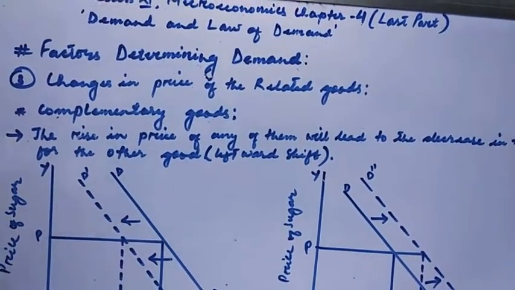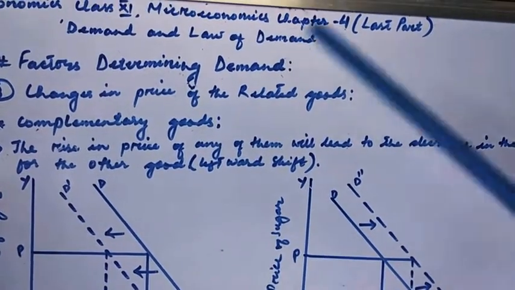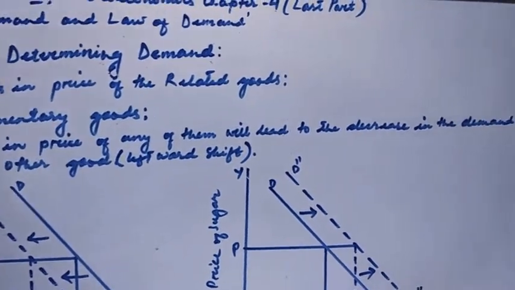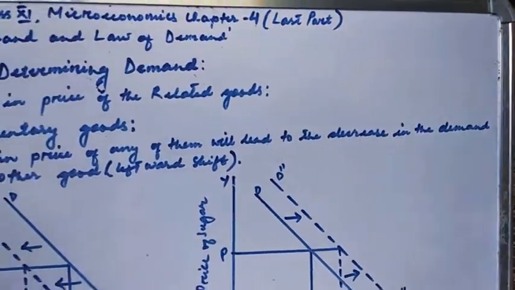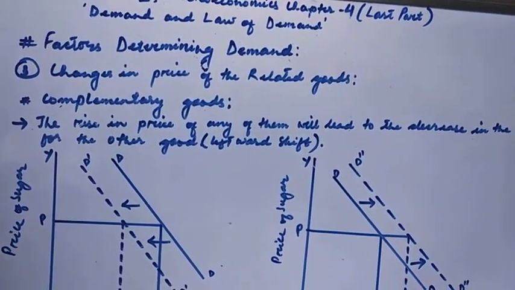So it is opposite to a substitute good, because when there is a rise in the price of a complementary good, this will lead to a decrease in the demand for the other good also.